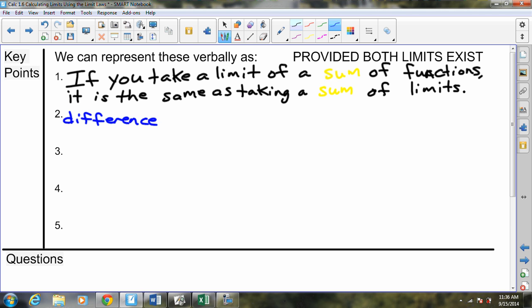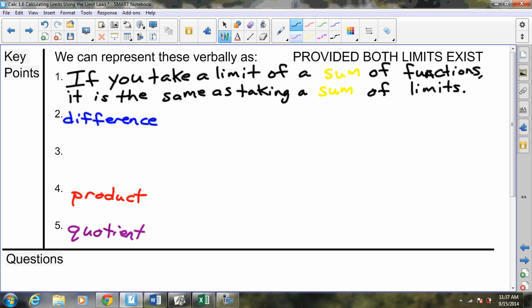Exact same words, just difference instead of sum. Change it to product, and you get number 4. Exact same thing. Change it to quotient. It's the exact same thing. All works out. Exact same words.